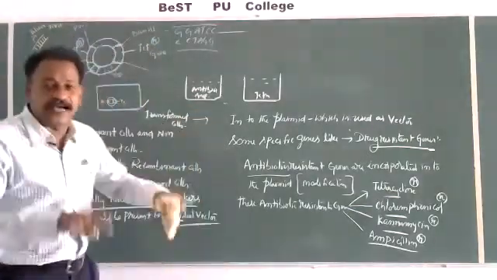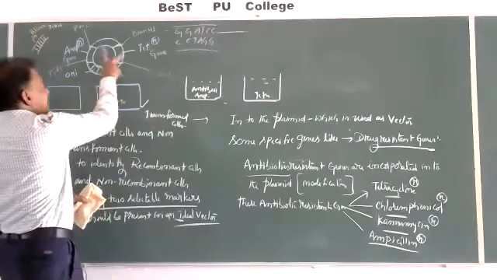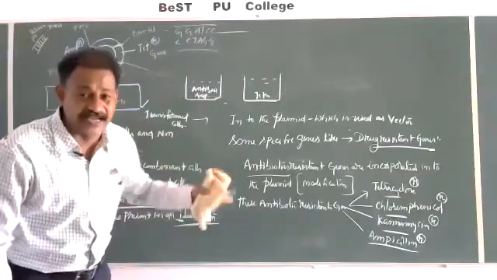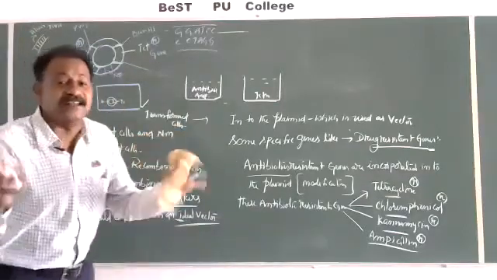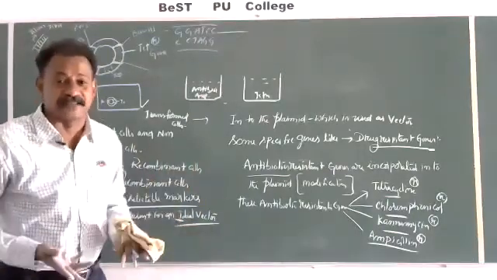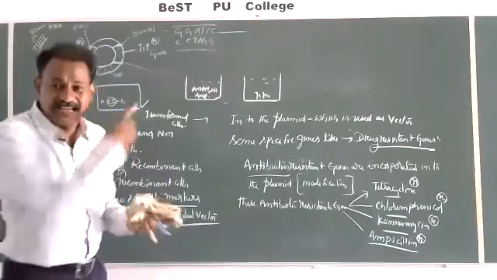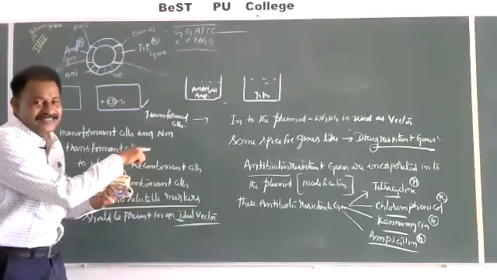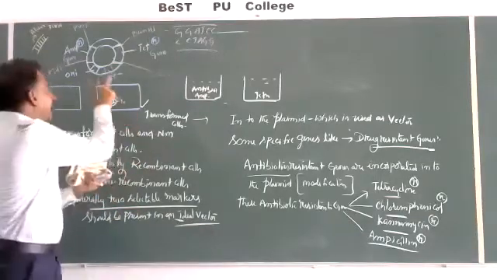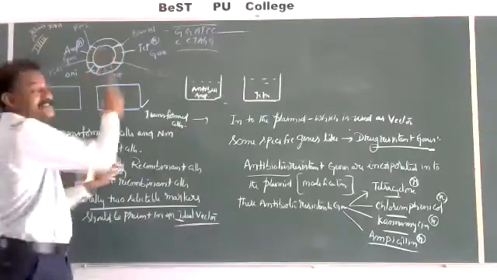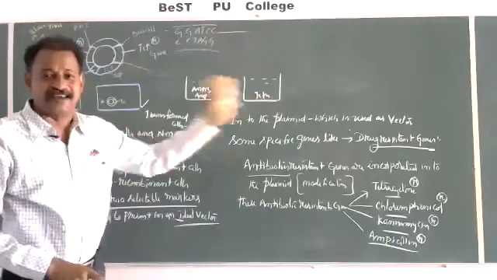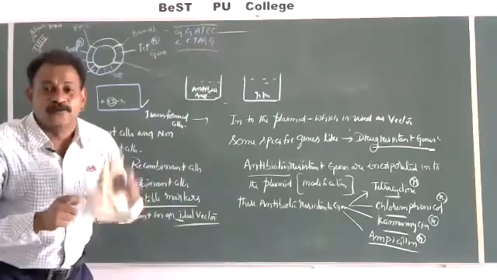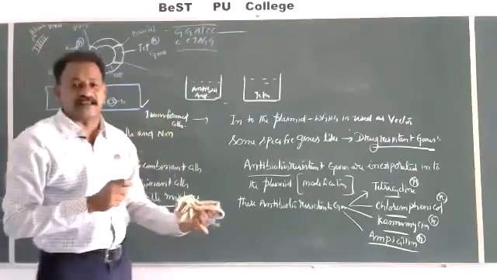Those bacteria which have antibiotic resistant genes are capable of living in the antibiotic media. But normal bacteria which do not have antibiotic resistant genes cannot live, cannot grow, and cannot form colonies. They will be killed because the antibiotic drug is there. So, selection of bacterial cells by the help of these markers, antibiotic resistant genes, means they are called selectable markers. What is a selectable marker? A selectable marker is a term to define which bacteria are transformed bacterial cells.